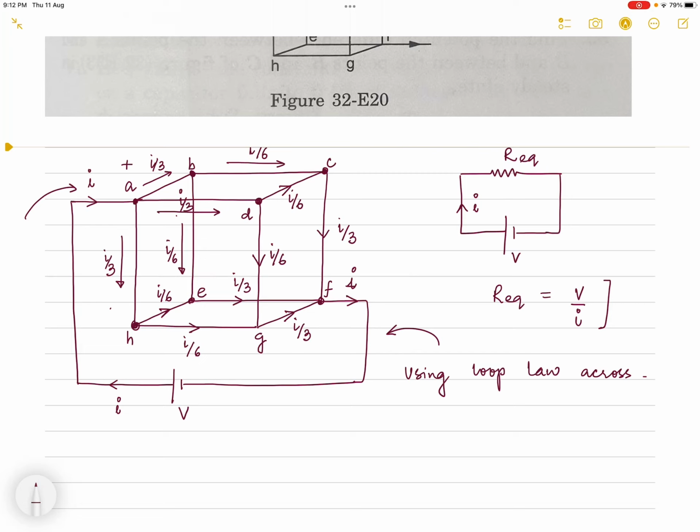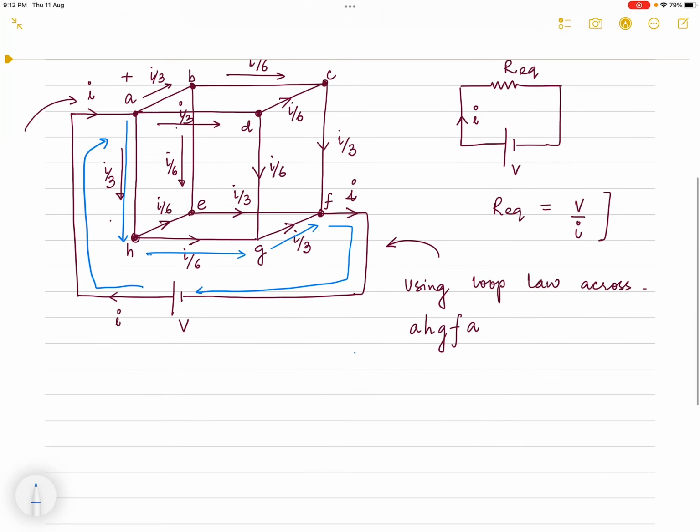Let us take the loop A, H, G, F and then back to A. So, we are moving through the path, maybe I will show you here, from A to H and then from H to G, G to F, and through the battery now we will be moving back to the junction A. So, when we use this loop law, what are we supposed to do?